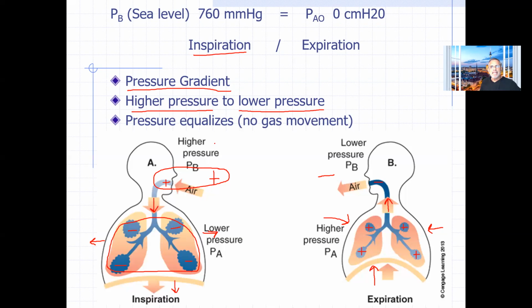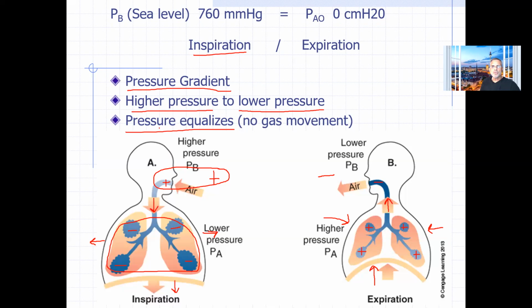Now the last piece that I haven't talked about is, what happens when pressures equalize? As the gas either moves in or moves out, gas moves until the pressure equalizes between outside and inside. So we say gas movement will cease, or there will be no gas movement, once those pressures equalize.